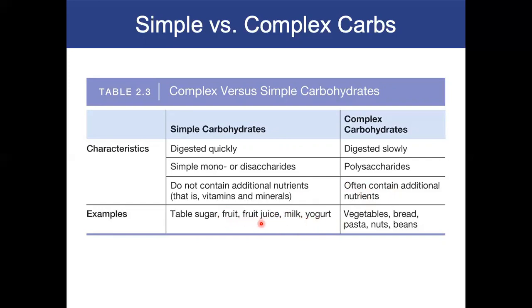Again, if you have the choice, you're going to pick fruit compared to fruit juice because you want the fiber and all the other nutrients, not just the sugar portion of it. And then complex carbs: breads, whole grain or whole wheat breads, beans, nuts, pastas, especially the whole wheat pasta or the bulgur, and the vegetables.